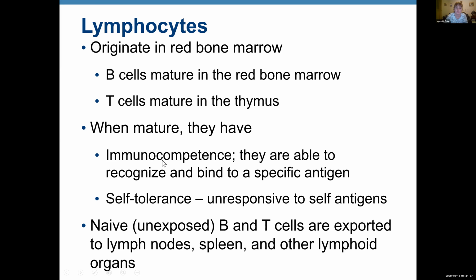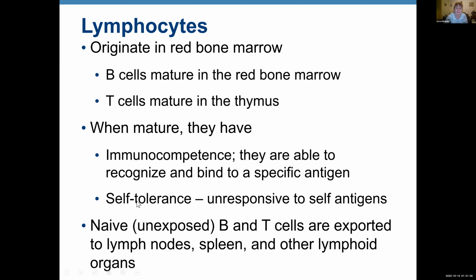So they became immunocompetent, and they became self-tolerant. Self-tolerance means they are unresponsive to self-antigen. So you need to bind to specific antigens, and you cannot or must not bind to self-antigens.